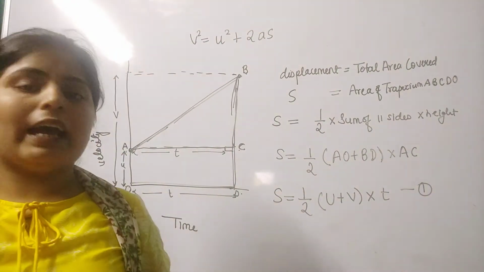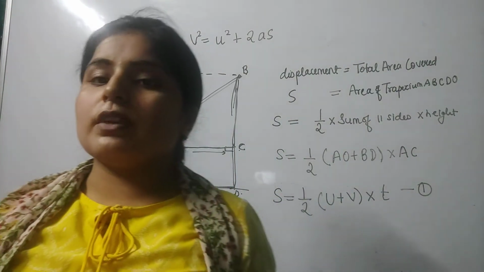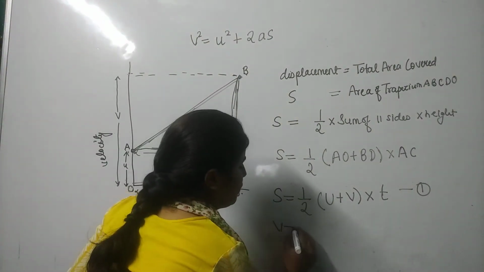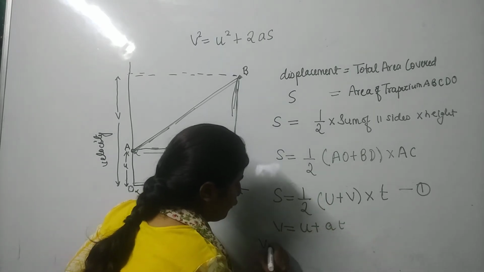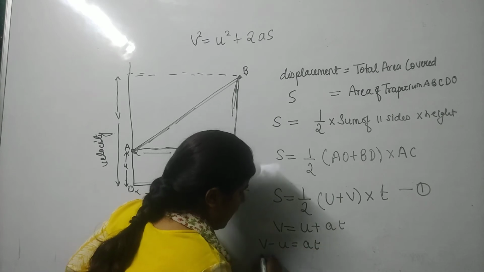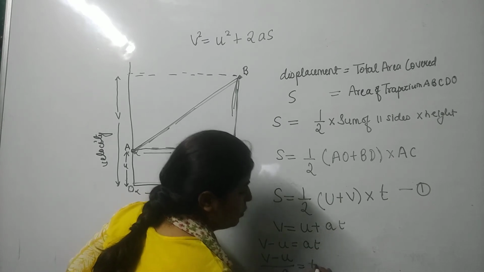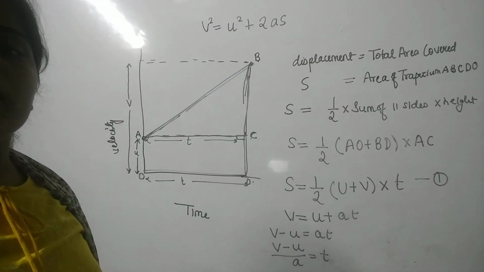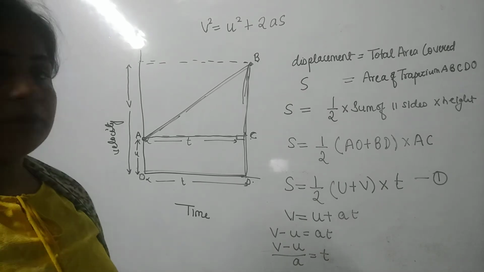To eliminate the time t, we will use the first equation of motion, that is v equal to u plus at. Calculate the value of t from here: v minus u will be equal to at, so v minus u upon a will be equal to t.